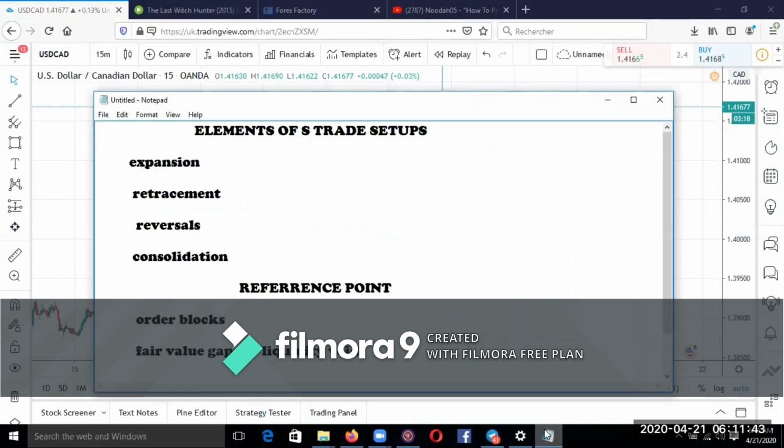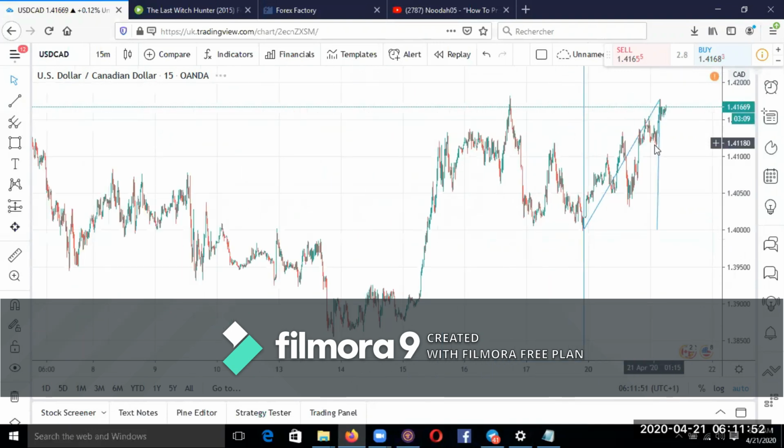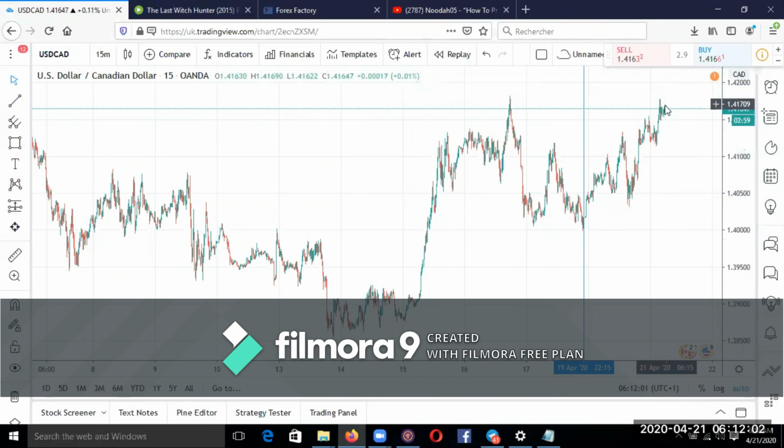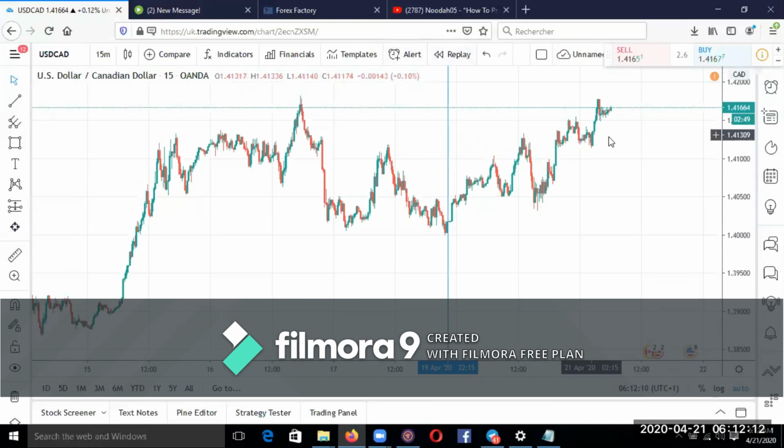Now you want to see reversal, right? What is a reversal? Let's say we've been in a bullish trend, bullish all the way. Market reversal is when you see the market move all of a sudden from a position where it was to the opposite direction.